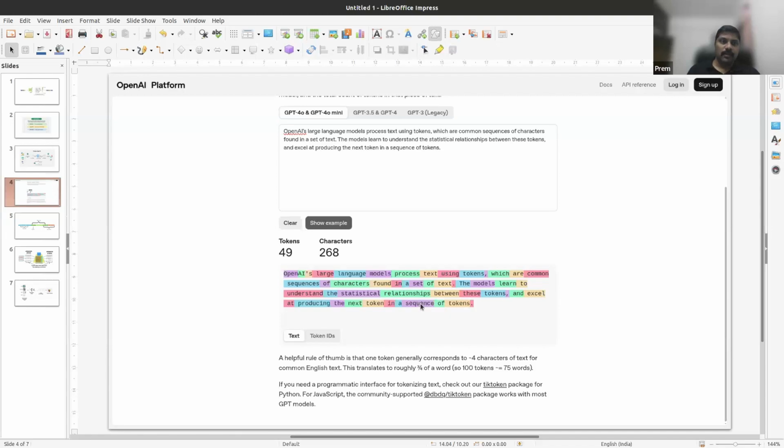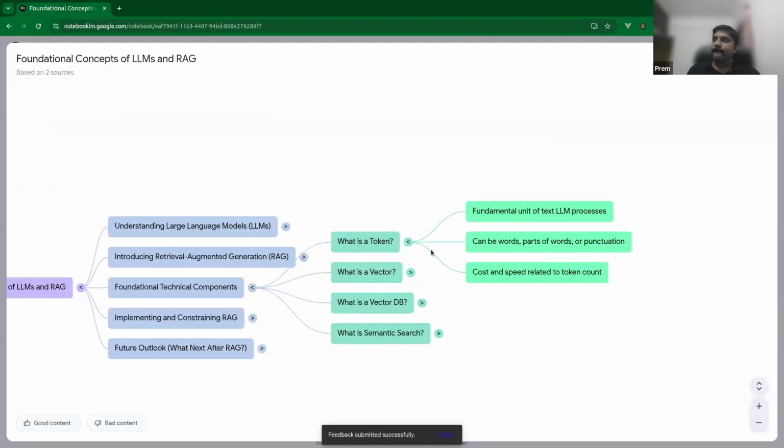Okay, let's go back. Now we know about tokens. So we need to fit into the number of available tokens for your LLM conversation. So now there is a question in this 100-page document: I need to restrict the information that I send to OpenAI, to the LLM, to, let's say, a maximum of 50 pages only.